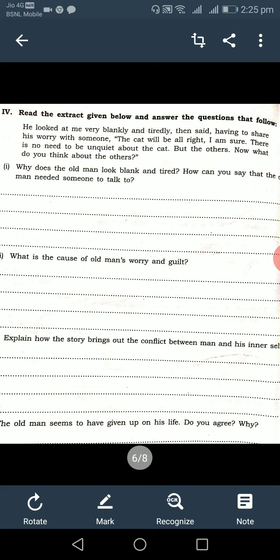The old man seems to have given up on his life. Do you agree? Yes, we all do agree that it seemed that the old man had given up on his life because he was not concerned for his safety. He sat by the side of the road at a pontoon bridge in the war zone. Despite repeated insistence from the narrator, who went on insisting that he get up and cross the bridge, he paid no heed.